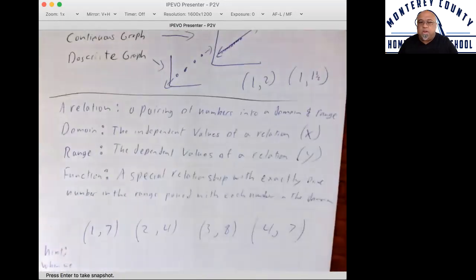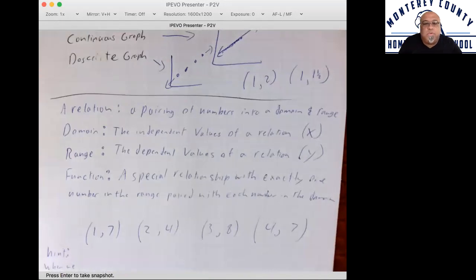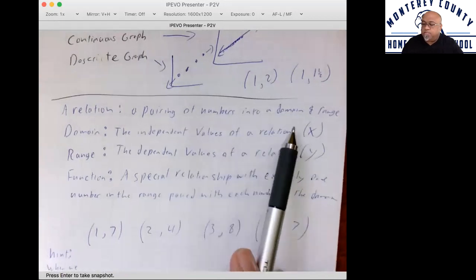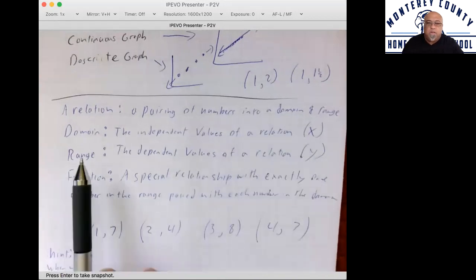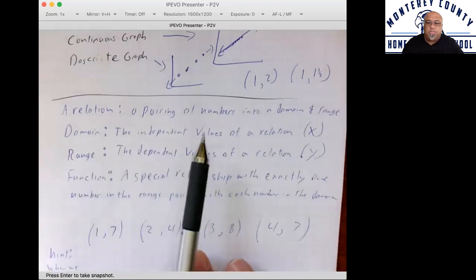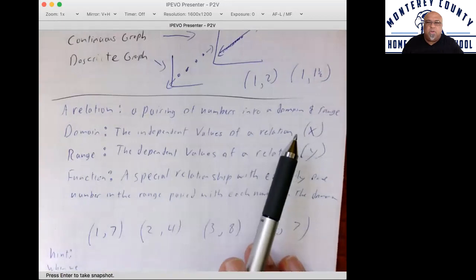Now, I have some vocabulary for you, so go ahead and learn these words. A relation is a pairing of numbers into a domain and range. Domain is the independent values of a relation, usually given the letter x. Although, as I discussed before, you can use other letters if need be.